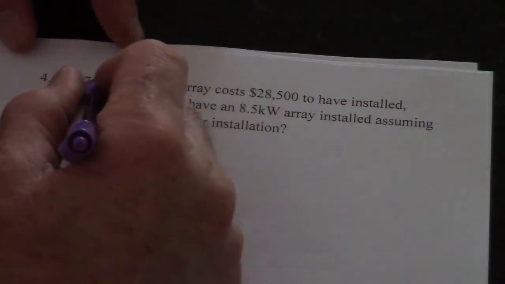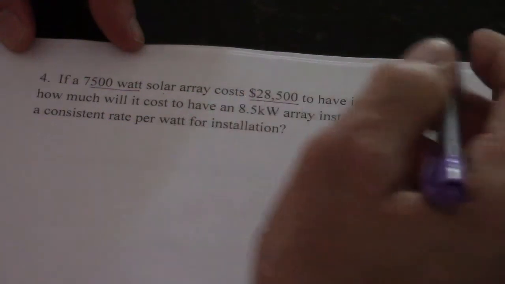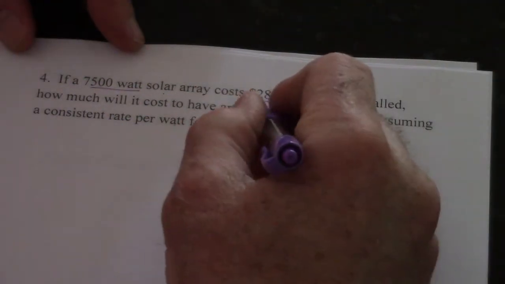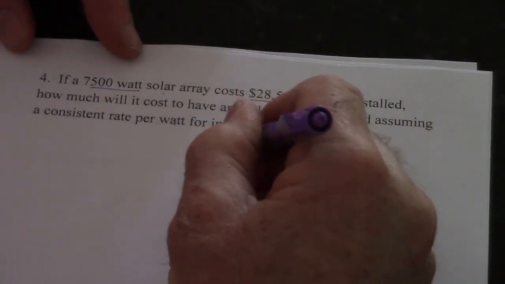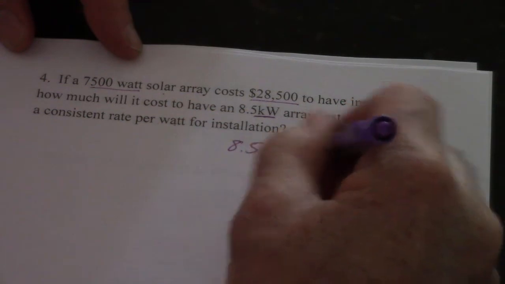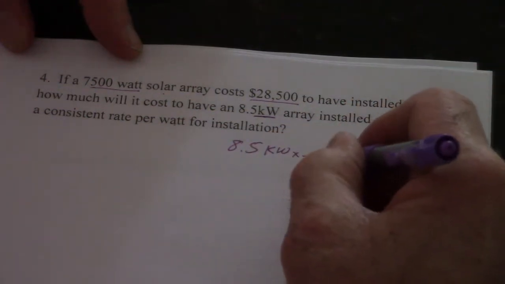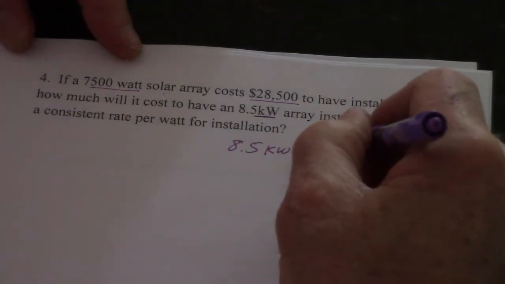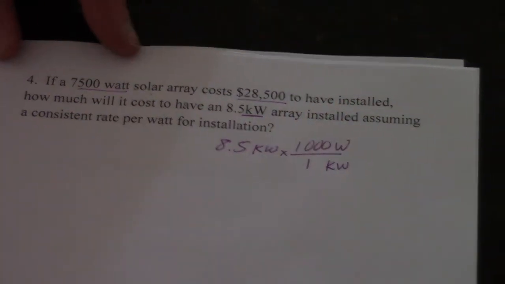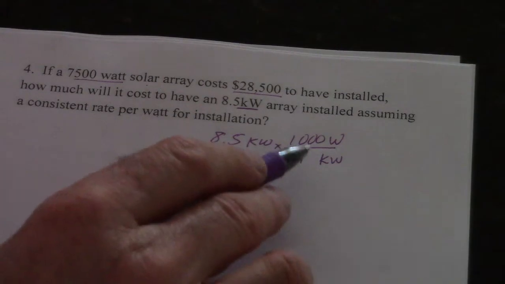Well, if this is in watts for 28,500, this is kilowatts. Usually we use a capital K, but 8.5 kilowatts would have to be converted to watts first. So you need to know that there are 1,000 watts in 1 kilowatt. You'll need to know this for the test.